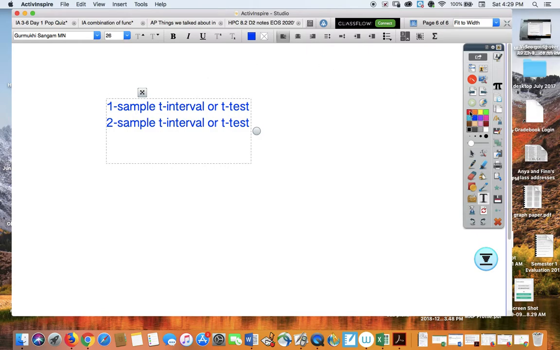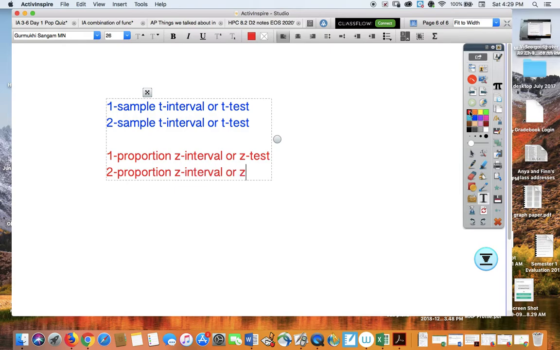We could have a 1 proportion z-interval or z-test, 2 proportion z-interval or z-test, or we could have a matched pairs t-test. So those are all the ones we've learned so far.